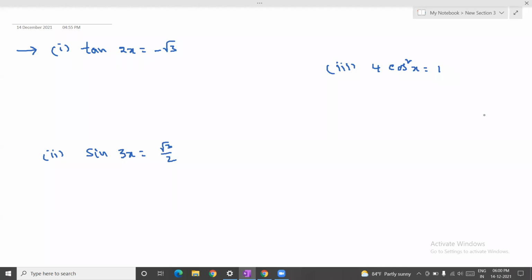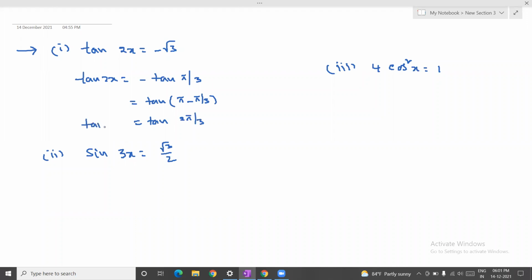Anyone got the answer for first one and second one? First one and second one are a little simple. It looks like tan 2x is equal to minus root 3. So tan 2x can be written as minus tan pi by 3. This will be tan of pi minus pi by 3, which is equal to tan 2 pi by 3.